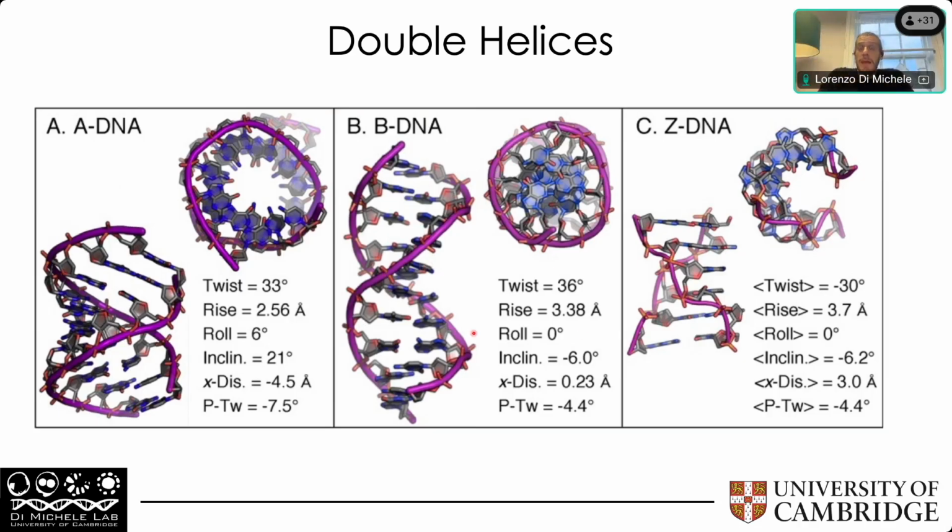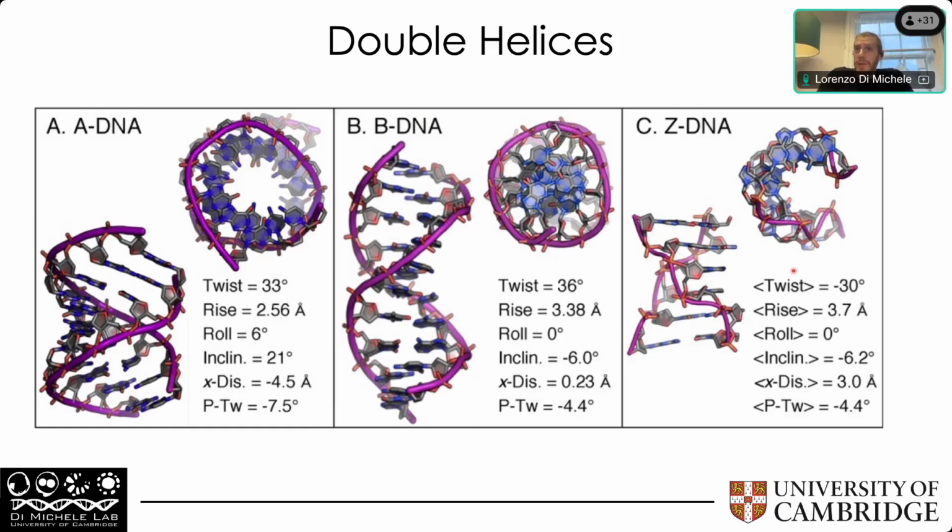So B-DNA is the one that is formed more often than not inside the cells, under physiological conditions. There are other structures that DNA can form. For example, it can form an A-DNA helix, so that's a little bit more compressed and chubby. DNA can form this under certain non-physiological conditions, but this is quite important because RNA molecules that can also hybridize to other RNA molecules will actually form an A-type double helix.